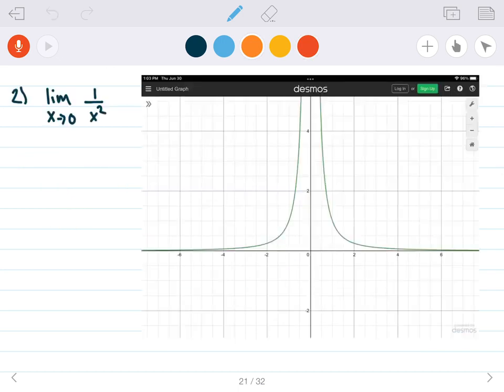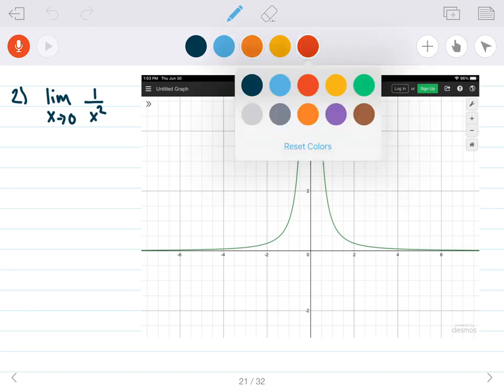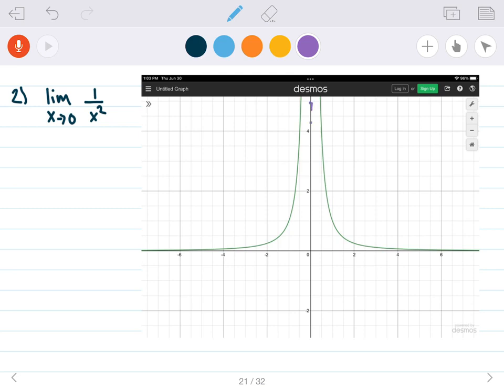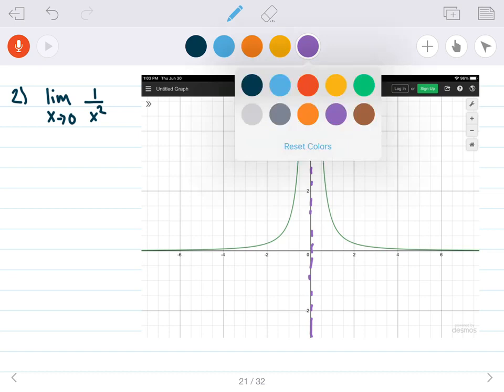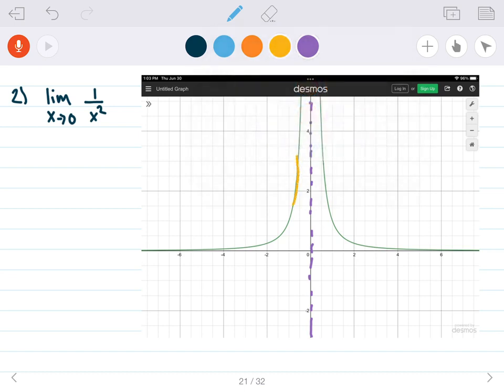We also have another example of the graph of 1 over x squared as x goes to 0. Since we have a variable in the denominator, this is going to be discontinuous at x equals 0. In other words, we have a vertical asymptote on the y-axis. As x gets close to 0 from the left, this is going to get bigger without bound, so y is getting close to infinity.